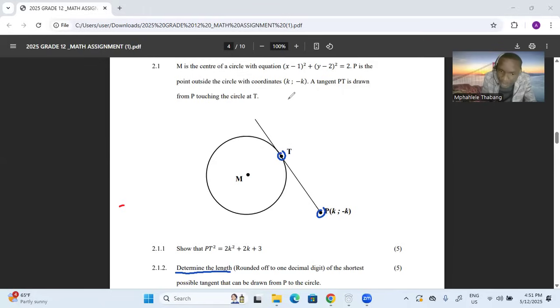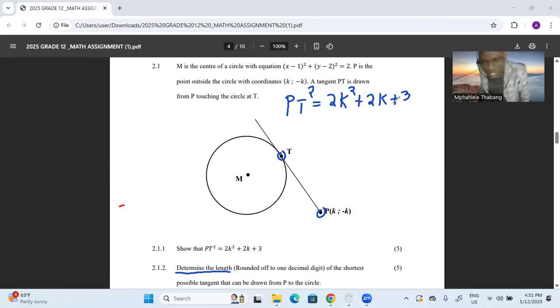Remember, we have PT squared, and we know that PT squared equals 2k squared plus 2k plus 3.